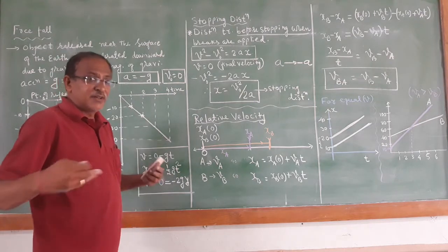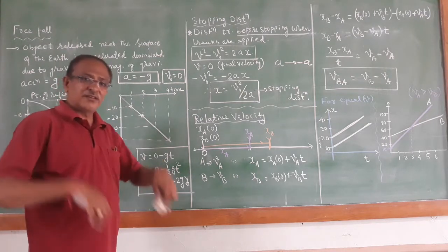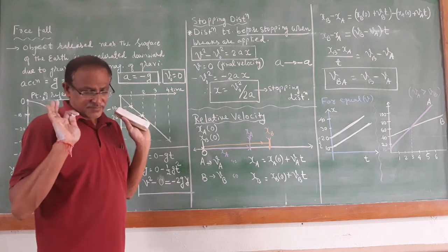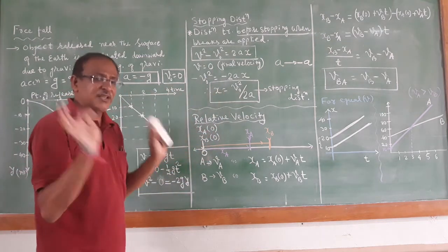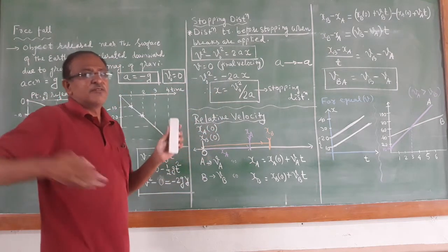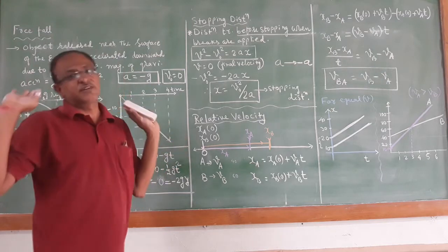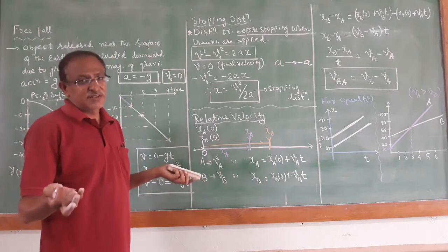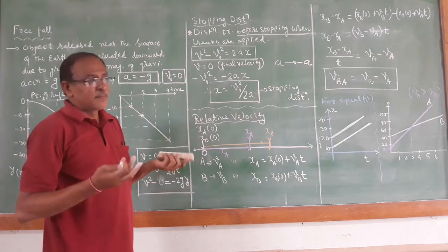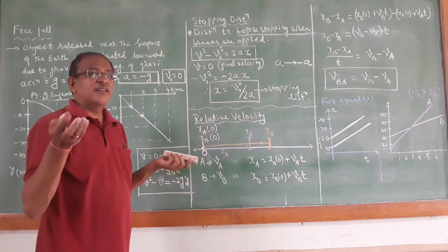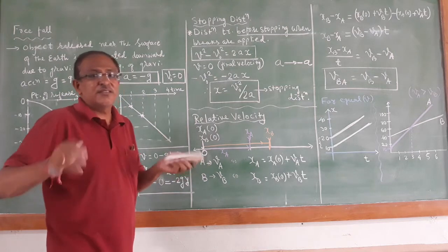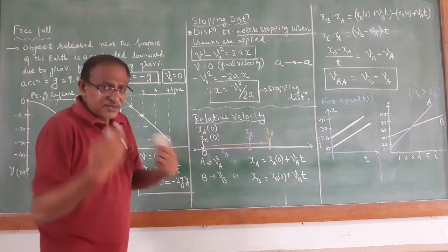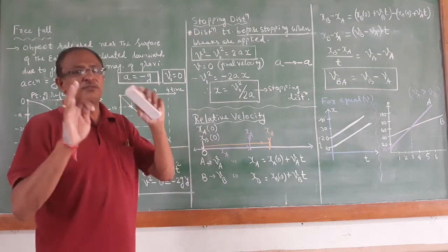Now one is moving faster, the other one is moving slower. If both are moving together with the same velocity in the same direction, then there will not be any relative change in their position. But if one is moving faster and the other slower, there will be.